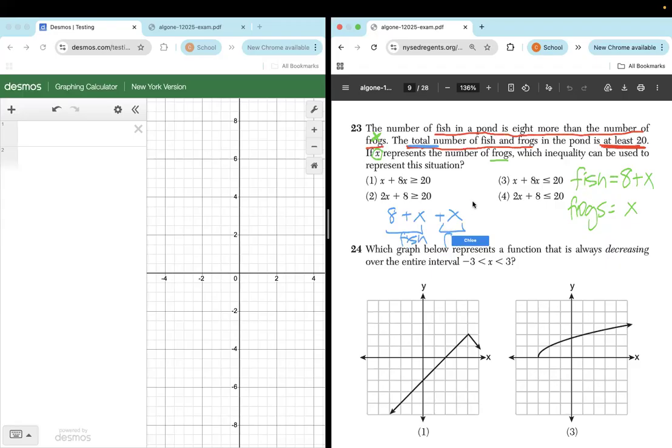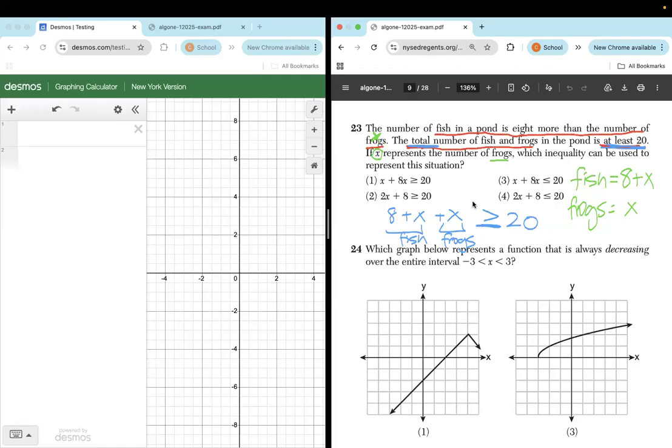That's the total. And I know that total is at least 20, which means 20 is the least it could be, so it's 20 or more. So that quantity, 8 plus x plus x, has to be greater than or equal to 20.